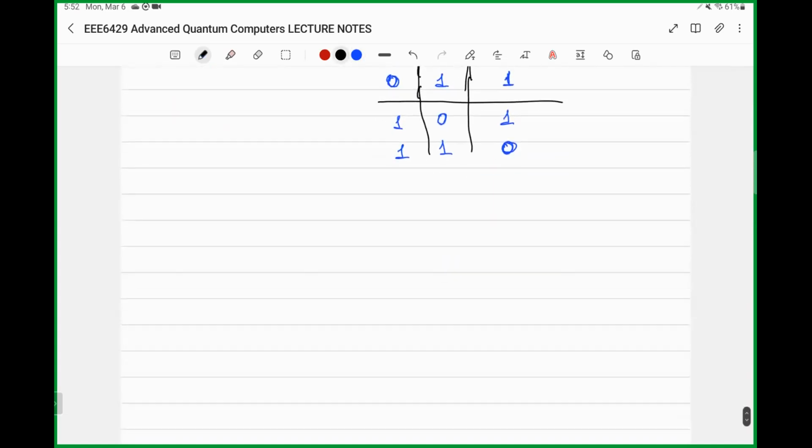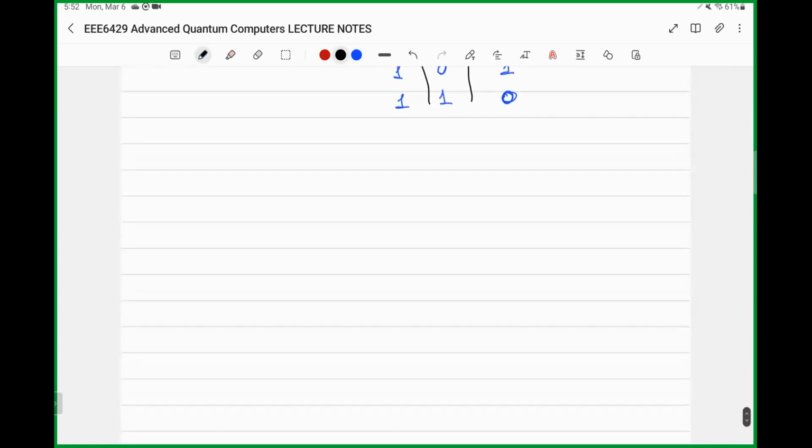So how does it work in practice? Let's suppose we have this CNOT gate, CX, and we apply it to the state 0, 0. First of all, let's mention how we add qubits to the system.